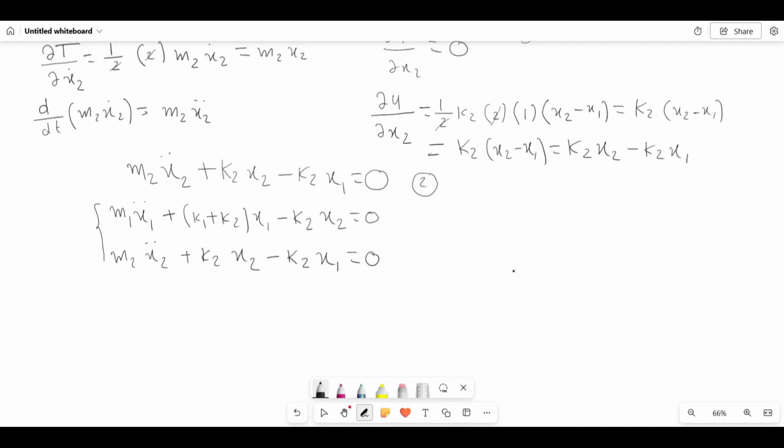How do we write it in matrix form? Normally, these are the two equations. This is equation 1 and this is equation 2. You already solved for the equations using Lagrange's, but we are always asked to write them in matrix form. They are very easy. Let's do it together, you'll see.